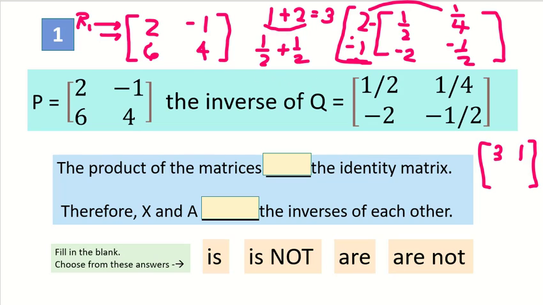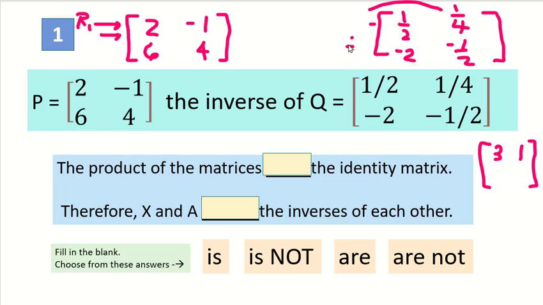Okay, now I'm going to erase those numbers and my work. And I'm going to replace those numbers with the second row. Okay, the second row is 6 and 4. So I'll put these numbers here. 6 times 1/2, or 1/2 of 6, is 3.